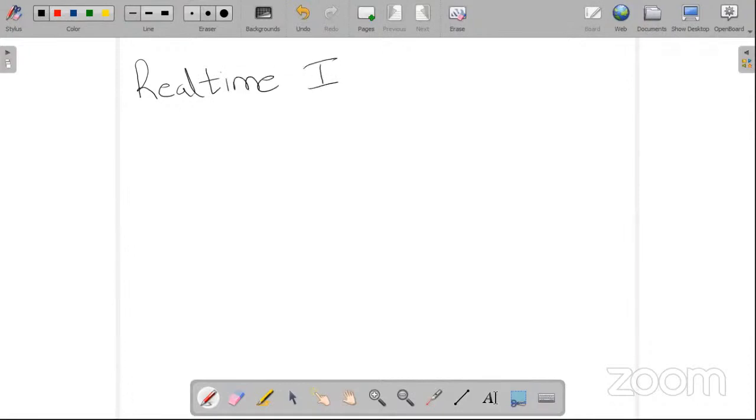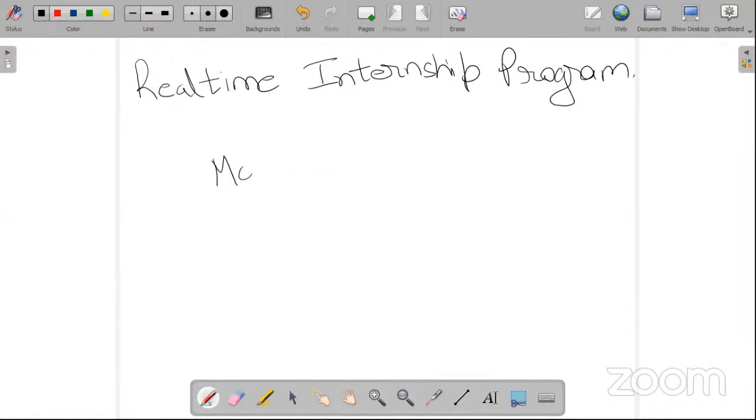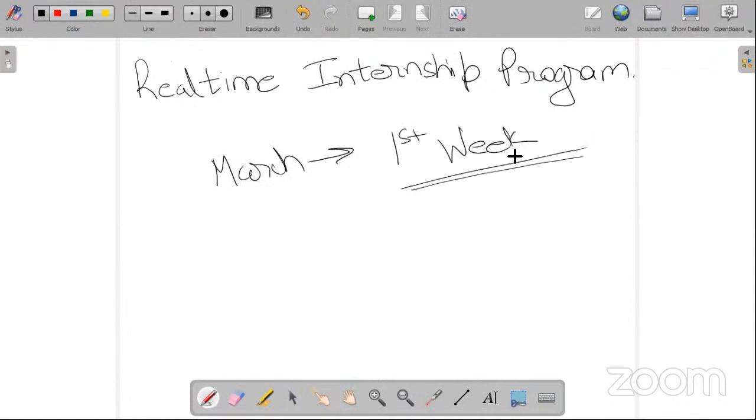Real-time internship program. And you can get this information as well. It will be starting from the first week of March, and it will be a 1 month program.